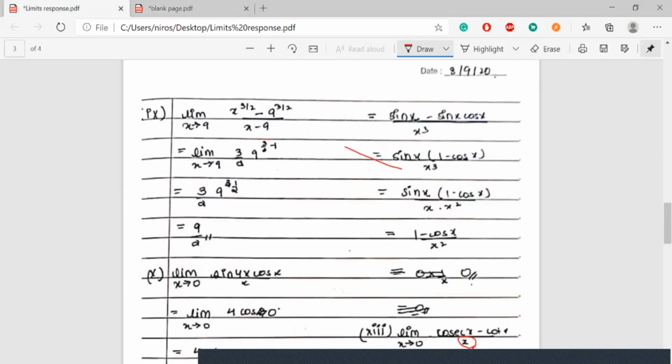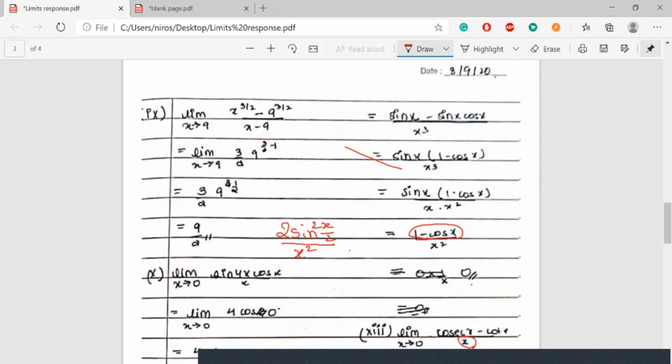So here there is 1 minus cos theta, that is 1 minus cos x. You can write it as 2 sine square x by 2, correct? By x square as it is.